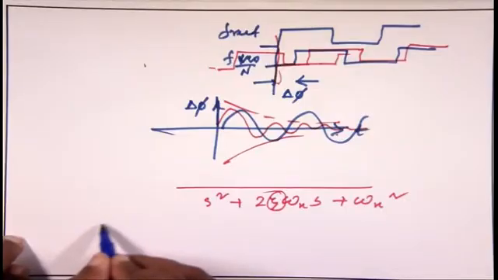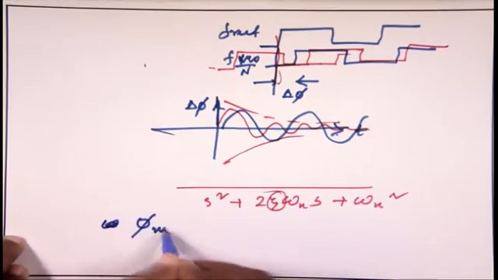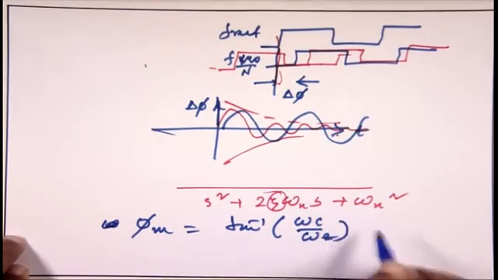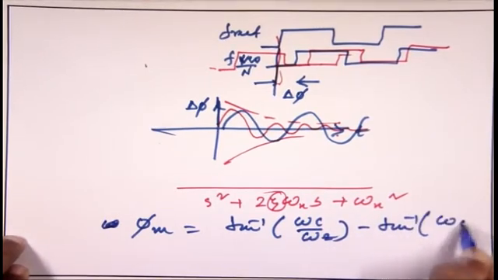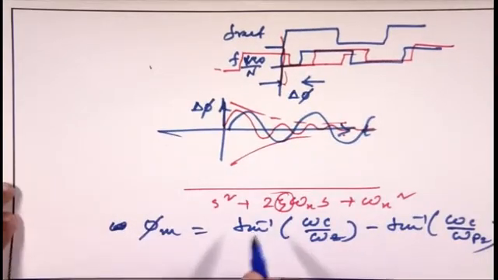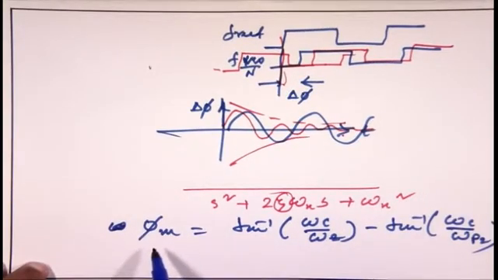So the phase will be tan inverse of omega c by omega z minus tan inverse of omega c by omega p2, where omega p2 is the second pole and omega z is the zero. If you take the derivative of phi m with respect to omega c, you will get the optimum omega c, but you have to derive it on your own; I am giving the clue.